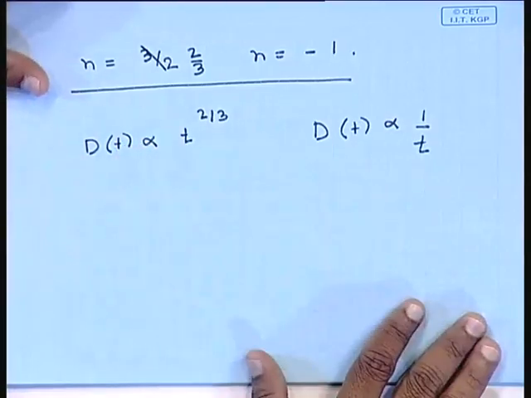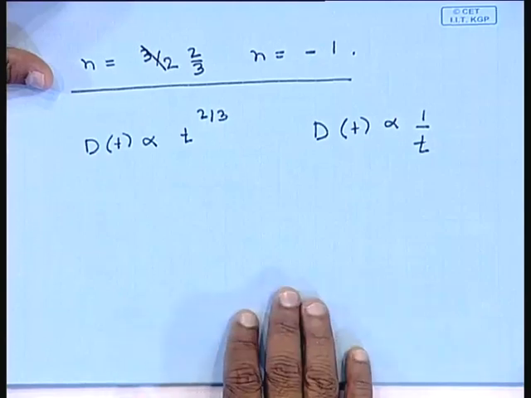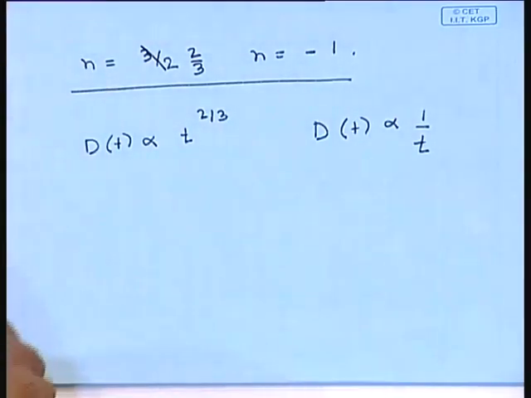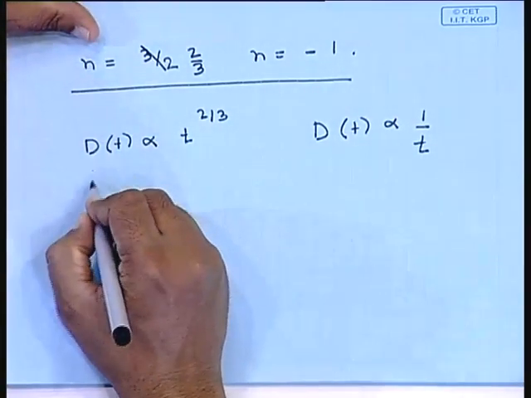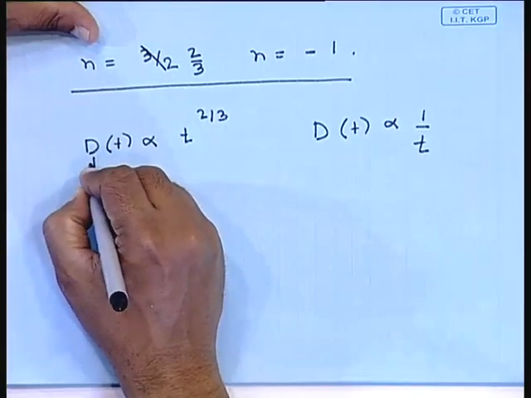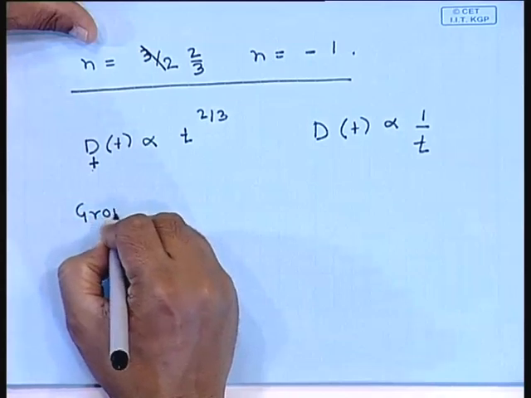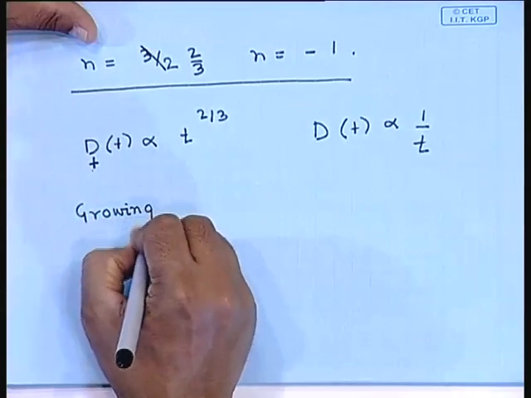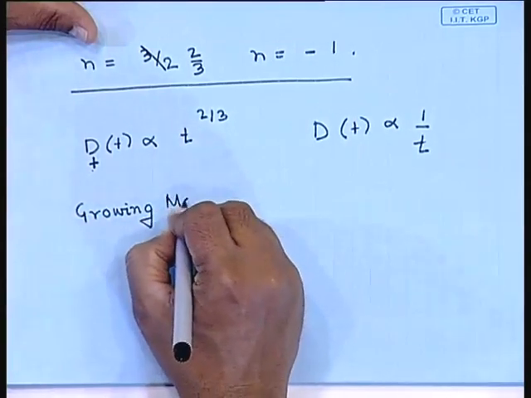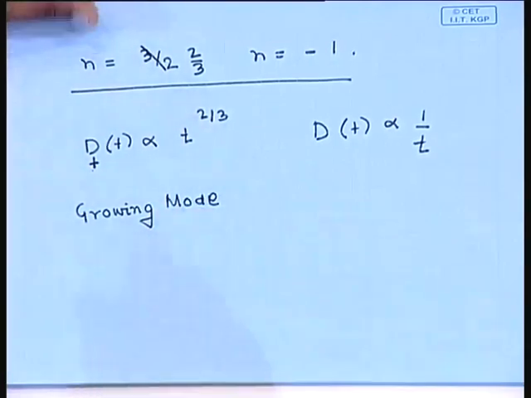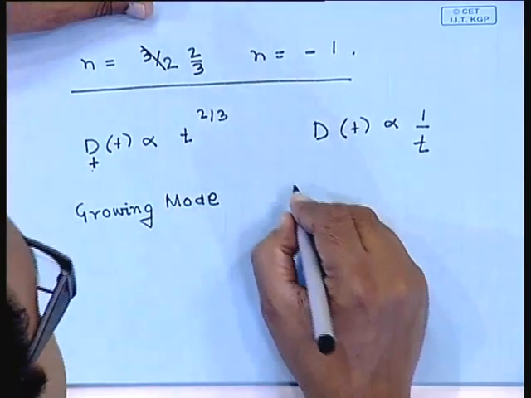There are two modes of evolution of the perturbation. This is called the growing mode. I am going to denote this by d plus. This is the growing mode of density perturbations. This is the decaying mode, d minus.